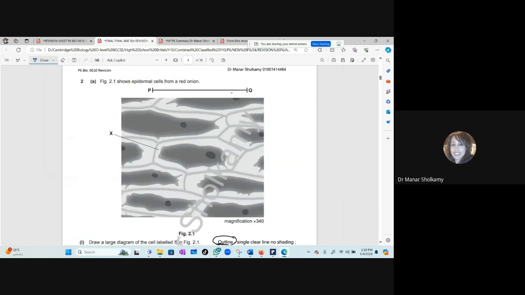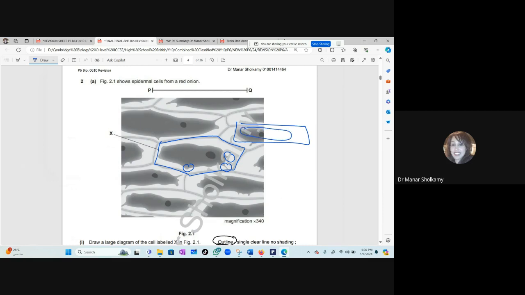The shape of the cell wall means you cannot draw a cell that is rectangular because it is not rectangular. It has a protrusion like this, and then this, and then this. And the projections in the cytoplasm, even this should be included. So don't draw an oval cytoplasm. Of course, this is in plasmolysis. It looks like this.